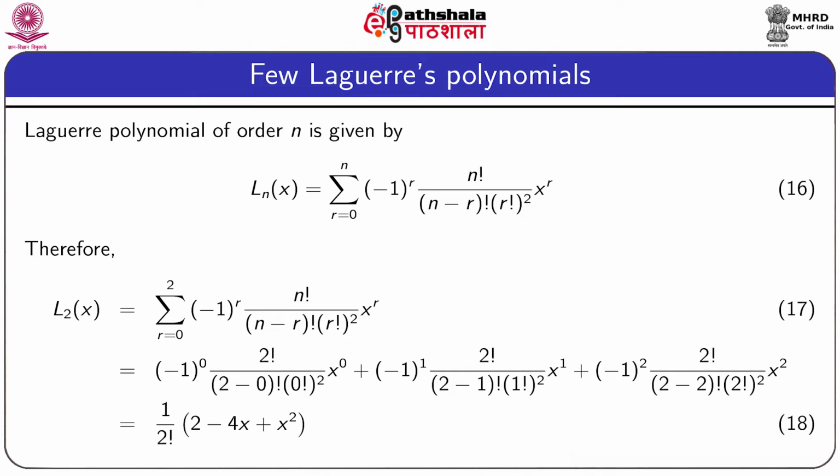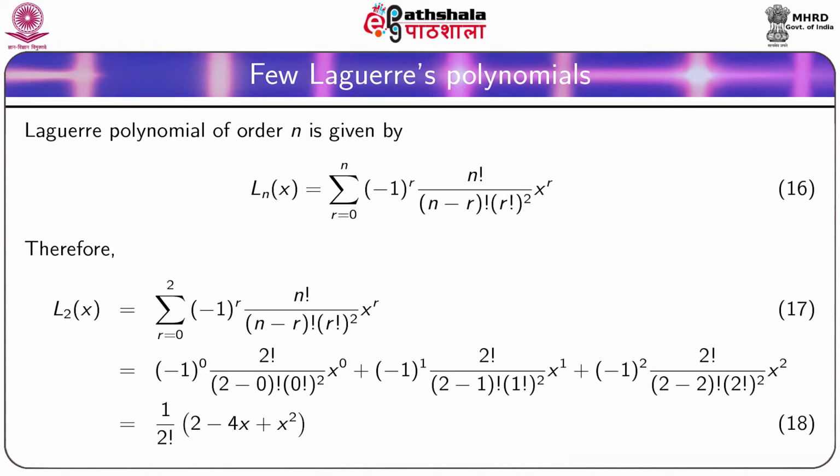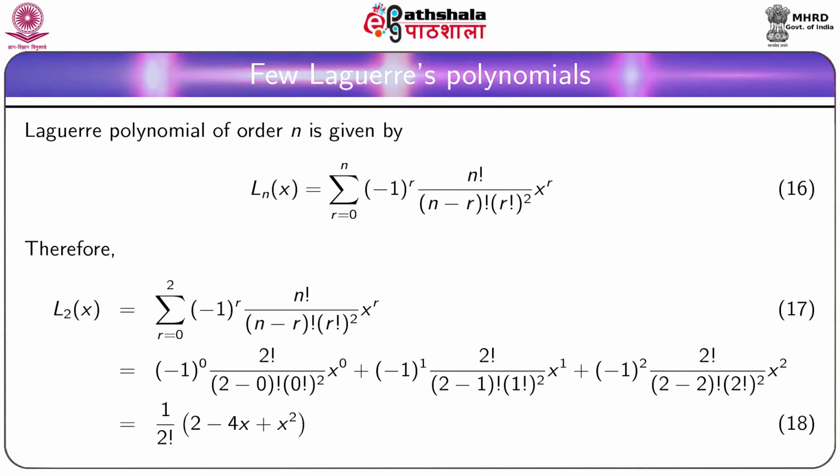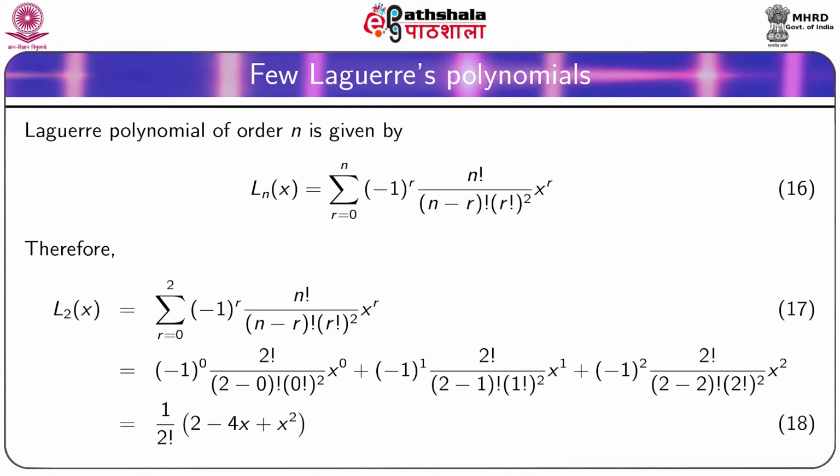For n equal to 3, we substitute n equal to 3 in equation 19, and if you do that, you will get L3(x) equal to the summation r equal to 0 to 3 of (-1)^r · n! divided by (n - r)! · (r!)^2 · x^r.